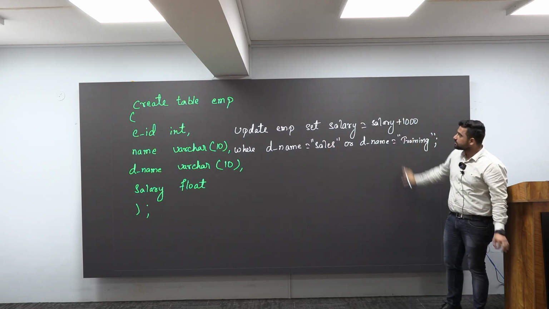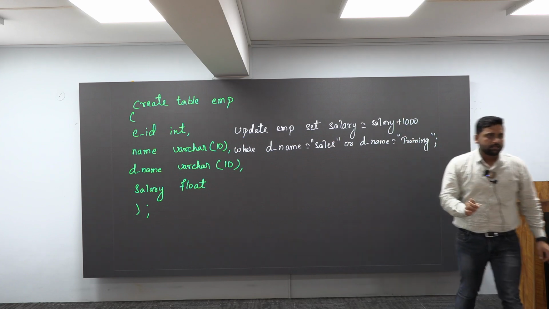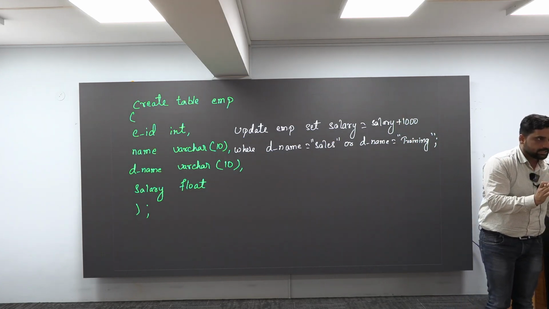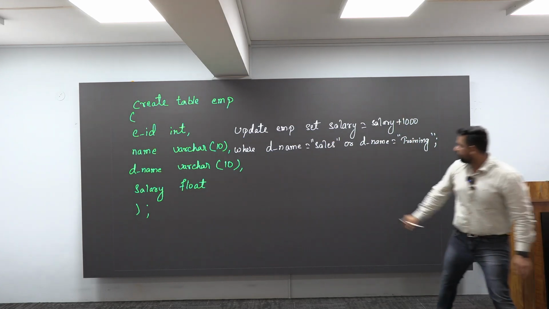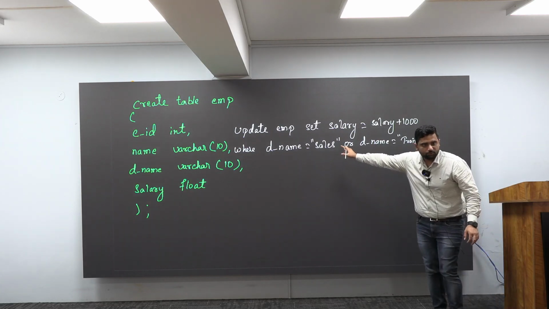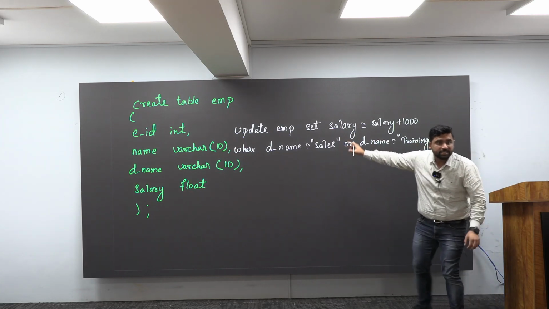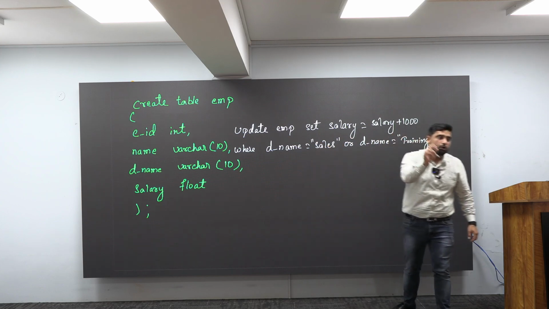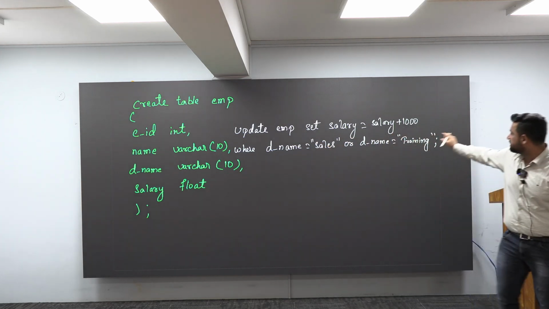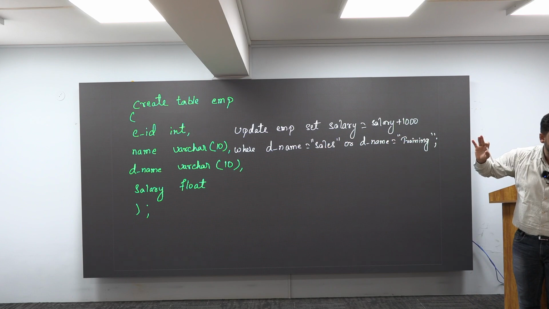Understood? Now my scenario is, I want to update 1000 rupees for sales and 2000 rupees for my training department. What should the query be for this?